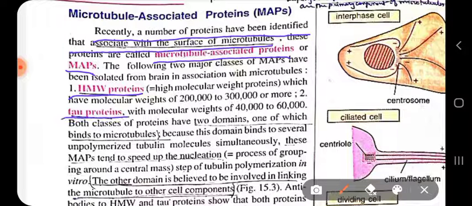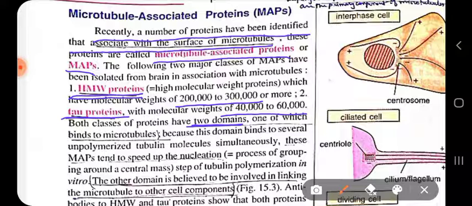HMW means high molecular weight proteins, which have a molecular weight of about 200,000 to 300,000 daltons, whereas tau proteins have a molecular weight of 40,000 to 60,000 daltons. Both these HMW proteins and tau proteins have two domains, meaning two important functional regions.